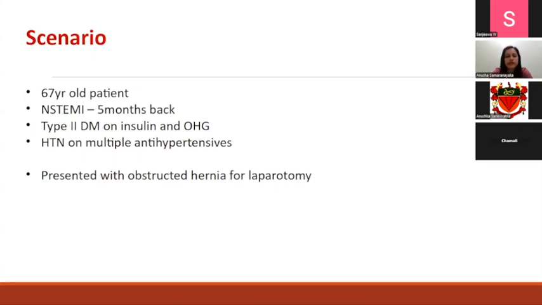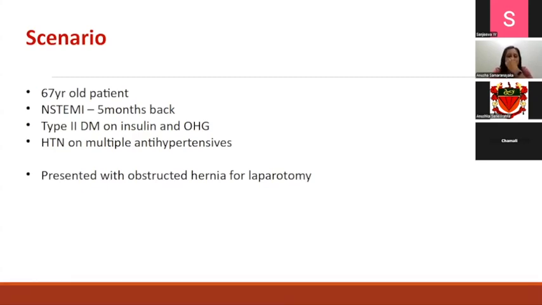So, established cardiovascular disease, one factor in the Lee revised cardiac index. Type 2 diabetes on insulin and oral hypoglycemics, and hypertension on multiple antihypertensives. Again, a very high risk patient with multiple cardiovascular risk factors, presenting with an obstructed hernia for laparotomy.